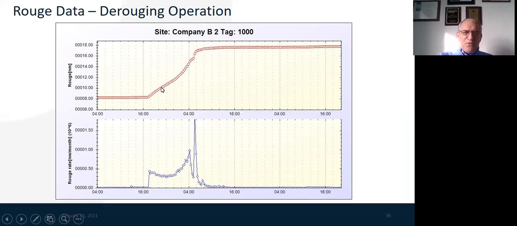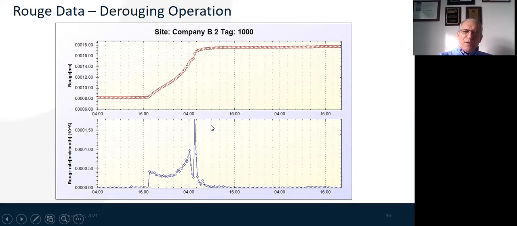But what happens over here is you can see that there's actually still a large increase in the derouging, the rouge development, and the corrosion due to the chemicals being administered. Even after 3 hours, when they administered the sodium hydroxide, there was still corrosion developing. It actually took 22 hours for this system to stabilize back to where it was previous to the administration of the phosphoric acid.